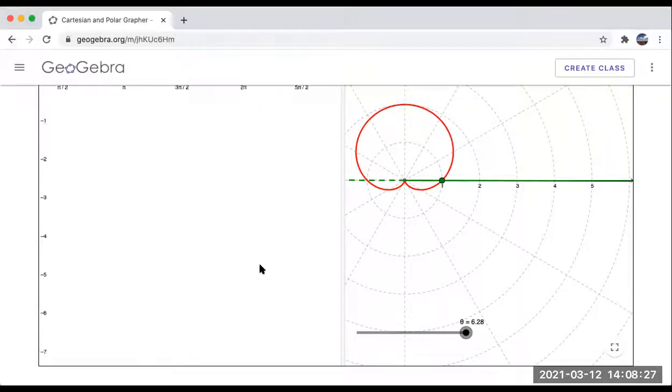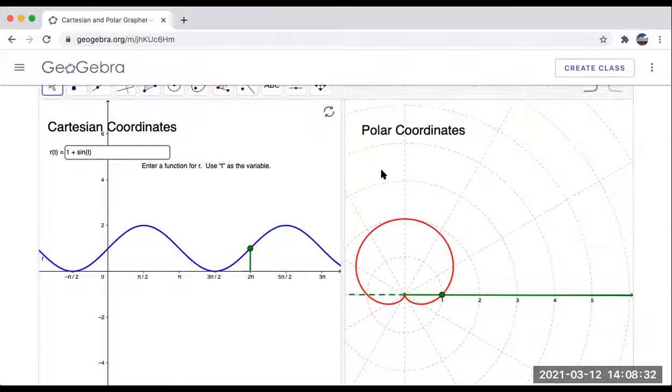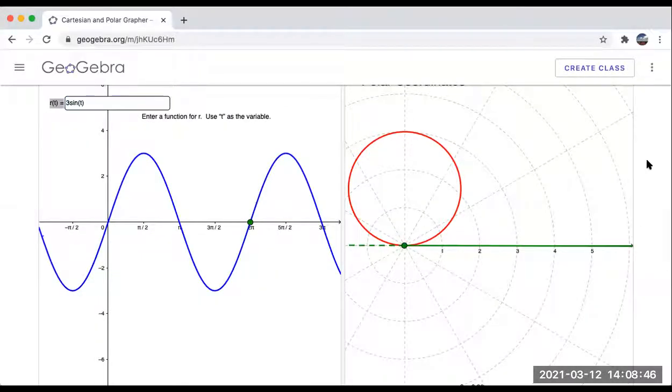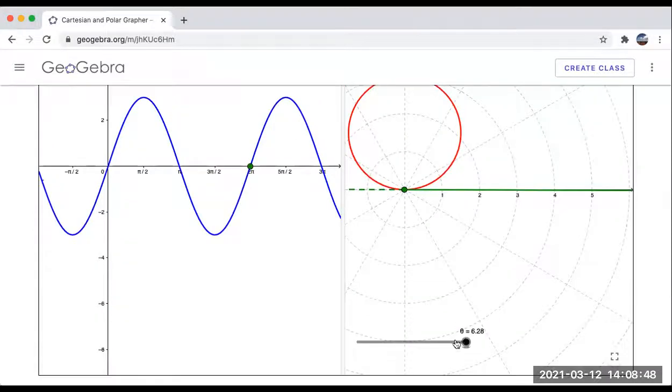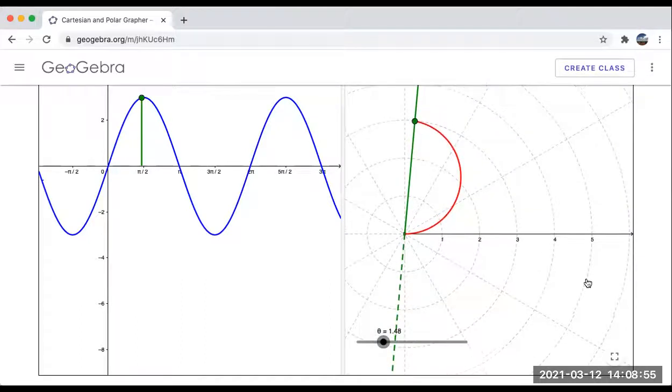And another graph is the graph of 3 sine theta. Look at the graph here. It becomes this circle. How does it behave? It will go like this.